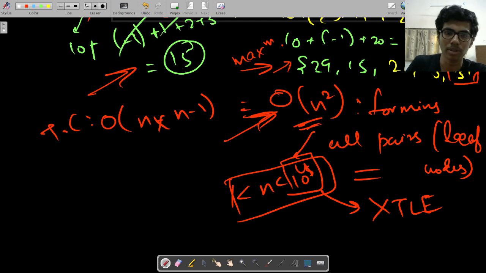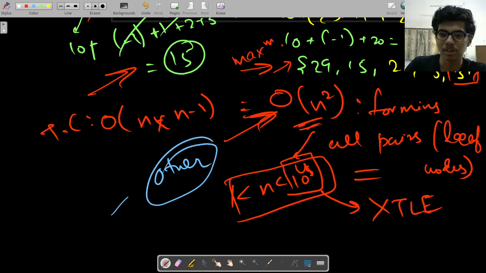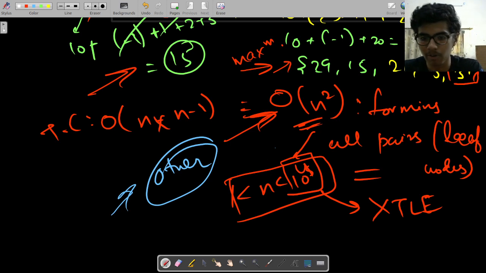So we should not use this approach. Rather, we can use some other approach. Okay, so let us think of some other approach and make some intuition behind it.